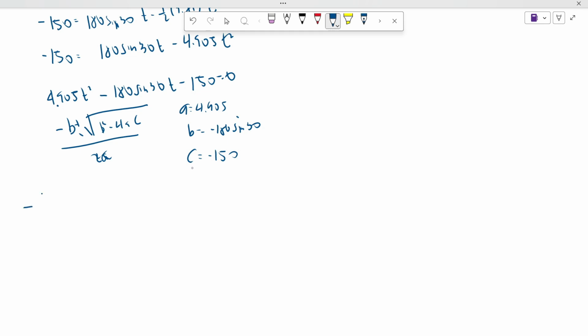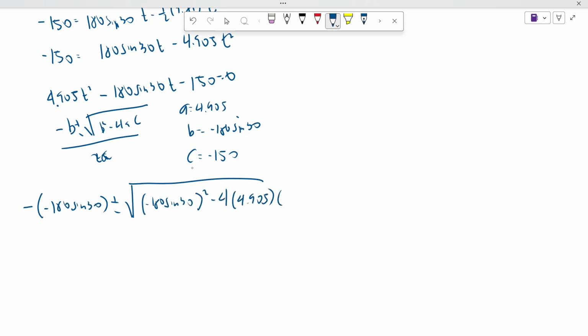So, t equals 180 sine of 30 plus or minus the square root of negative 180 sine of 30 squared minus 4 times 4.905 times negative 150, all over 2 times 4.905.